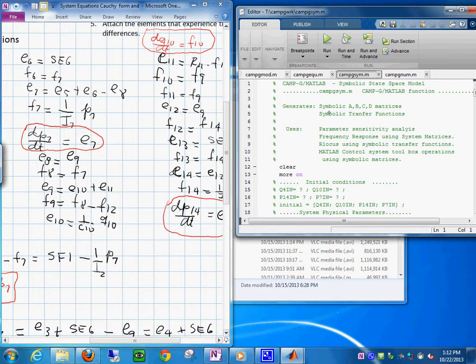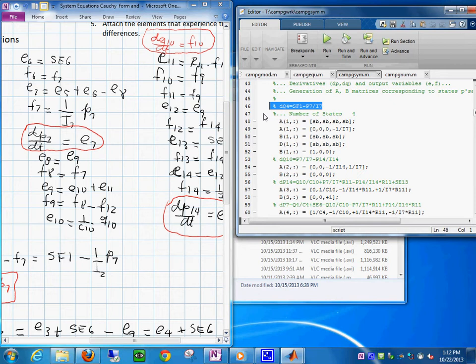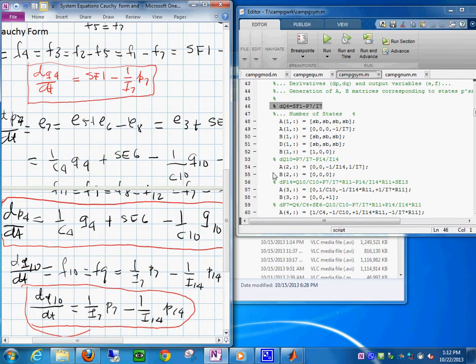And the last one, dp7 dt, which is, where is that one? That's not dp, yeah, and the one that dq10, that's the other equation, yeah, right here.